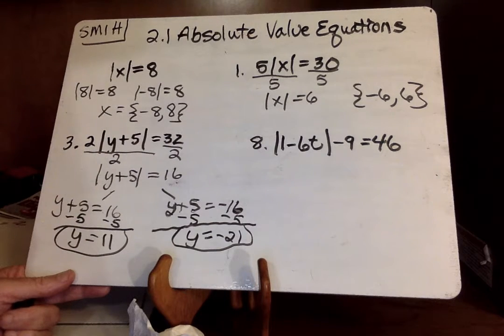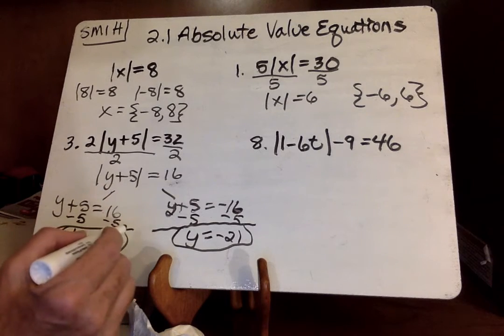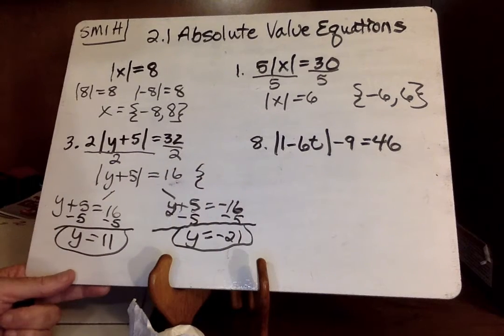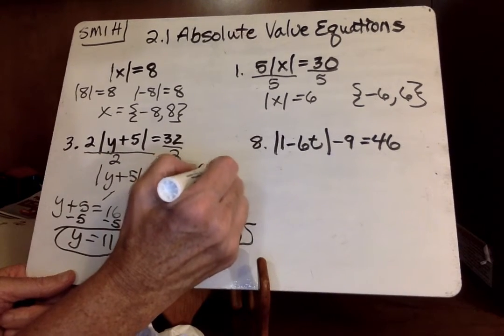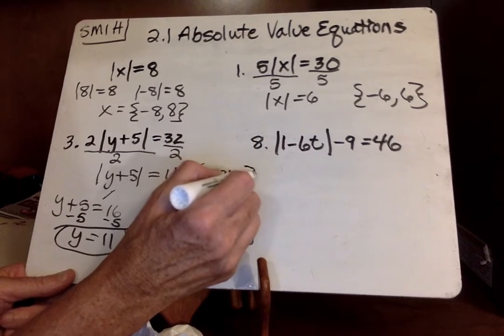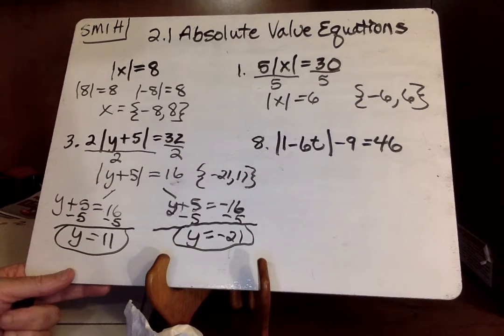Absolute value is 16, times 2 is 32. Boom, we've got the right answer. So we're going to write that, and I'll put it over here in solution set form, where we put negative 21 and 11. That's a squiggly looking 11, but there you go. And so we're all done with that.